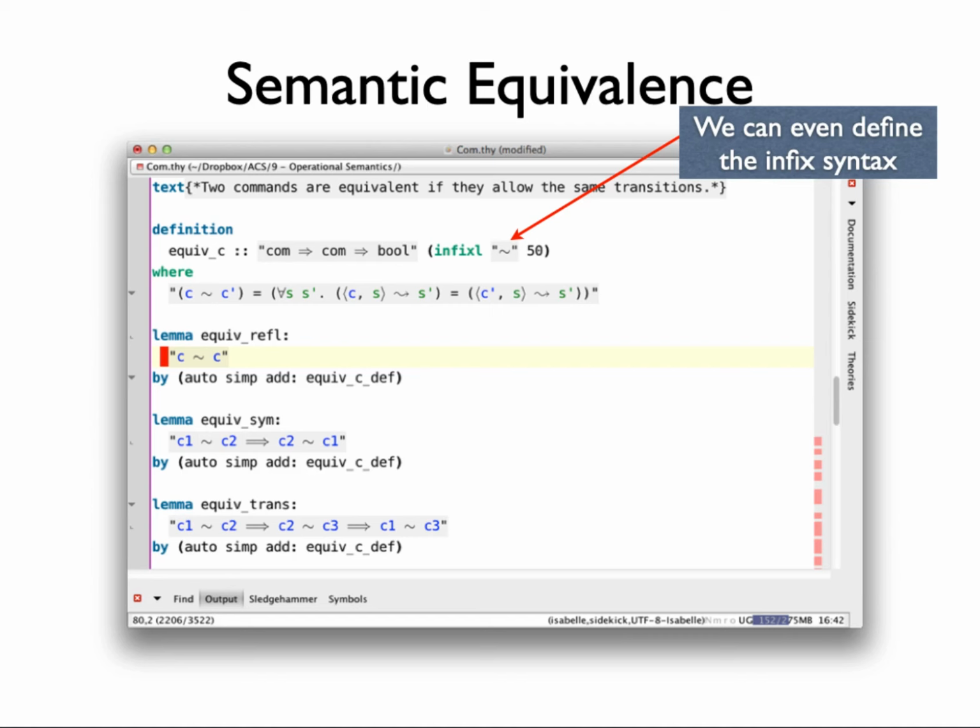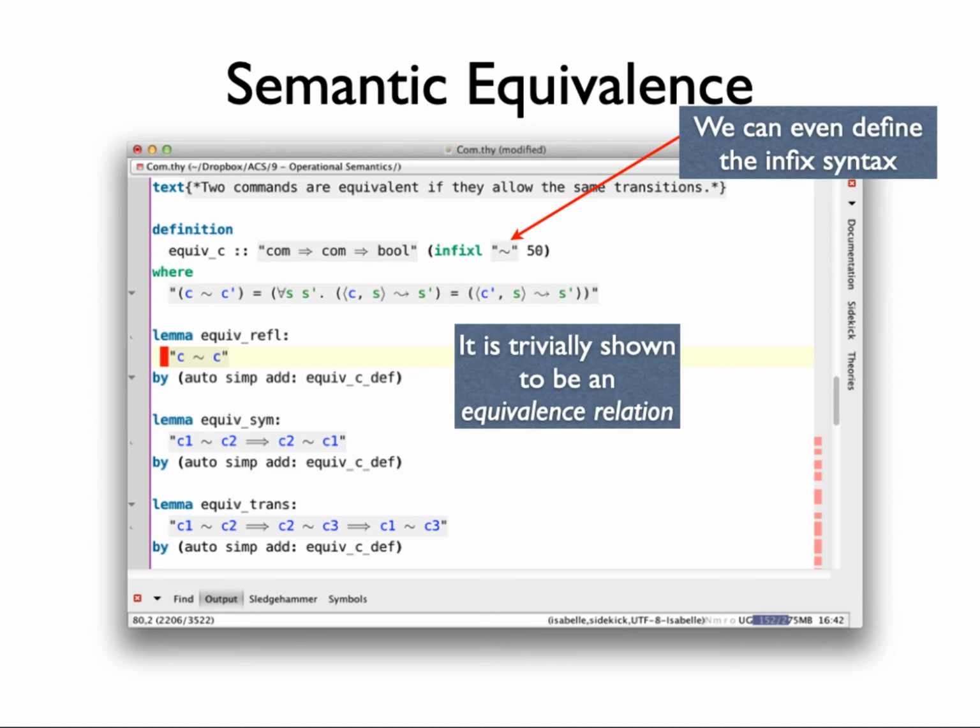The definition of equivalent is: for all states S and S prime, the first command maps S to S prime if and only if the second command takes S to S prime. This is probably not the only definition of semantic equivalence you could use, but it's sufficient for this example.